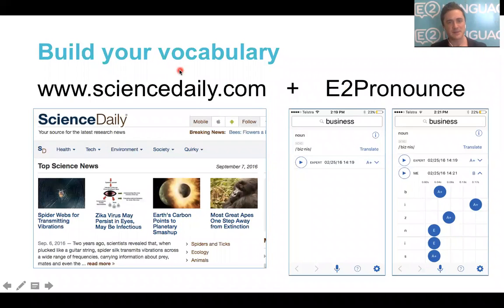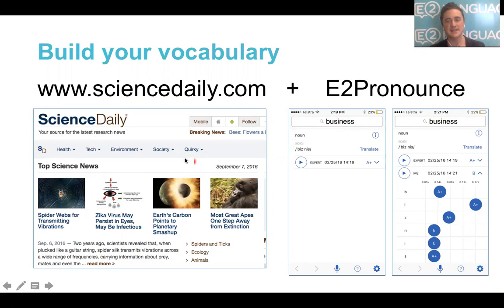Here's a little tip to build your vocabulary. www.sciencedaily.com is a really cool resource to use to build your reading skills, okay? And you should use it in conjunction with our app called E2 Pronounce. E2 Pronounce is a dictionary where you can see the word, you can hear the word, you can say the word, okay? So you can learn new vocabulary by using all of your senses.